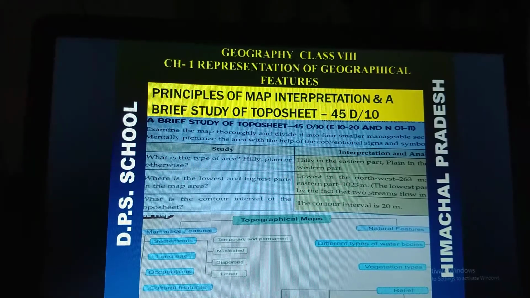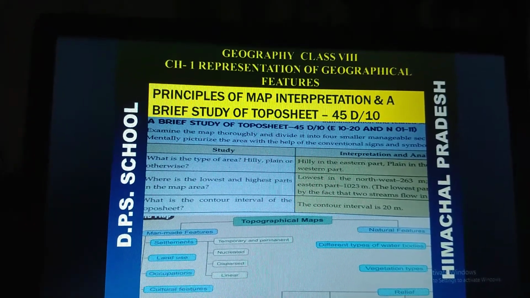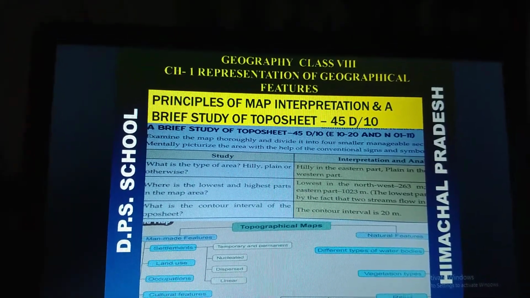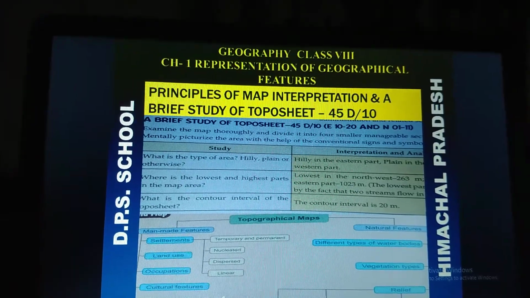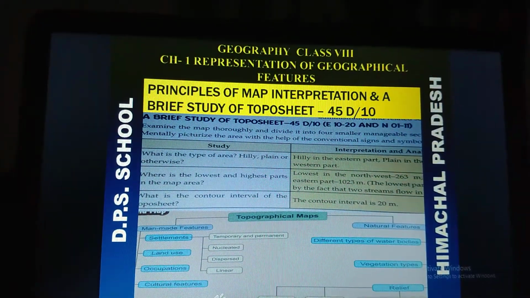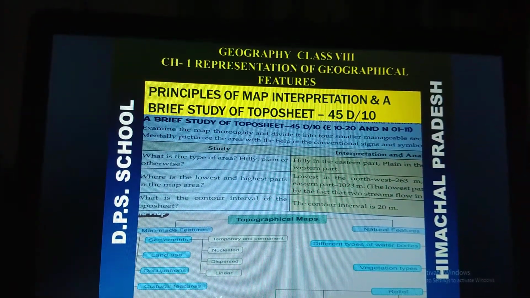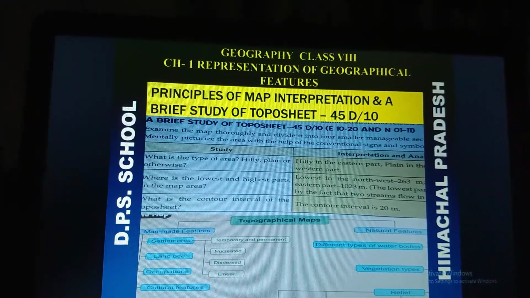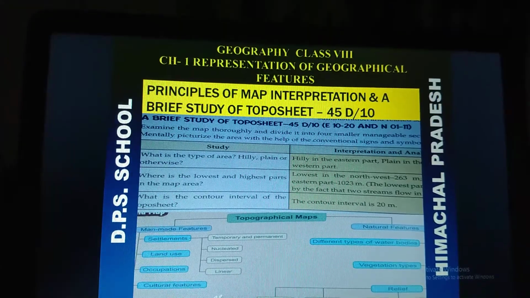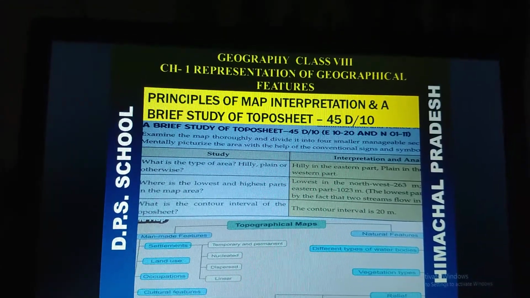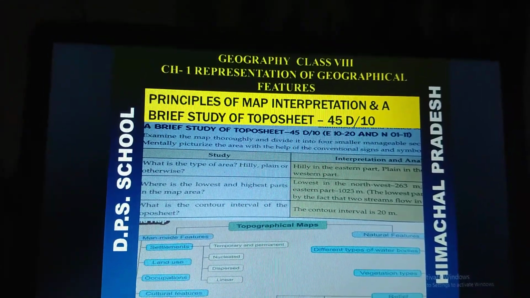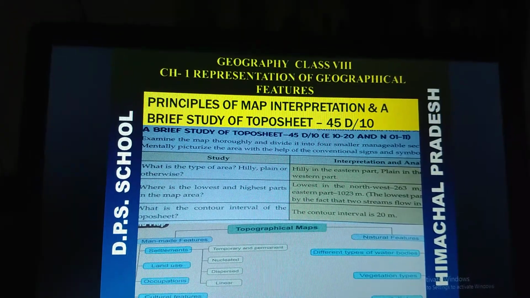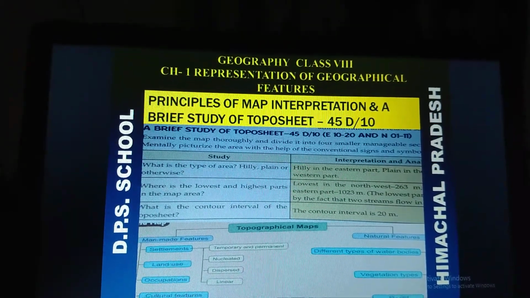Then we see what are the man-made features which can be seen in the map area. They are the settlements, permanent and temporary. For example, there is a temple, there is a police chowki, there are metal roads, cart track, dry tank with embankment, perennial lined wells.